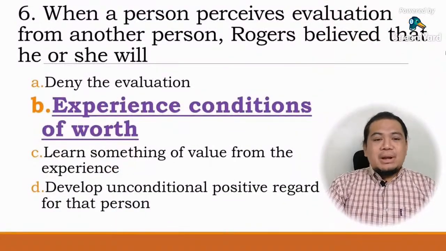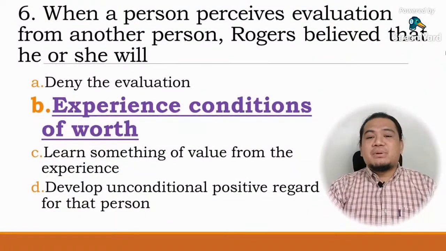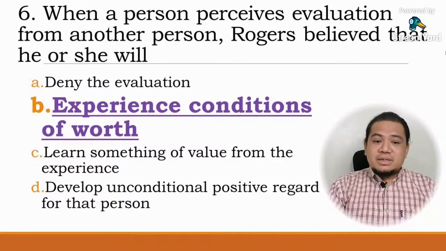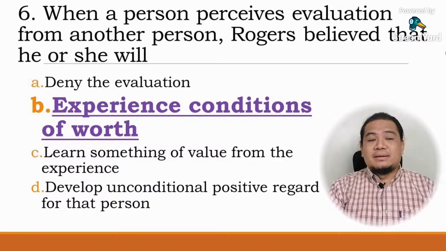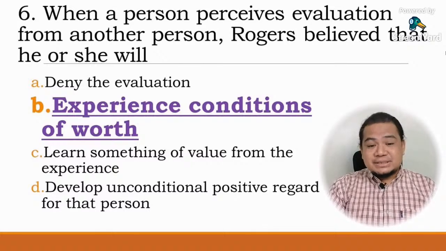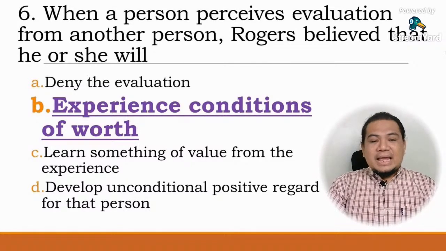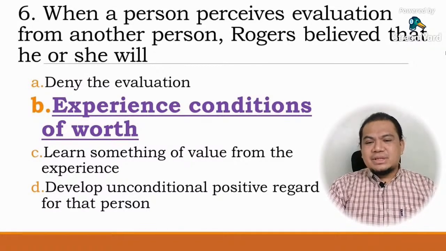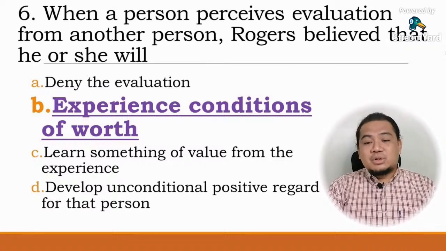Number 6. When a person perceives evaluation from another person, Rogers believed that he or she will. The answer is letter B, experience conditions of worth. Instead of receiving unconditional positive regard, most people receive conditions of worth.